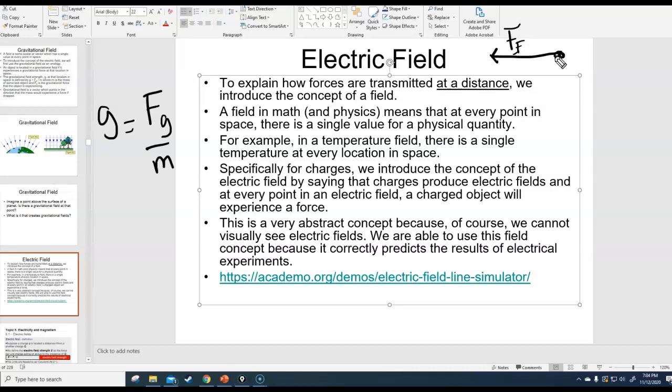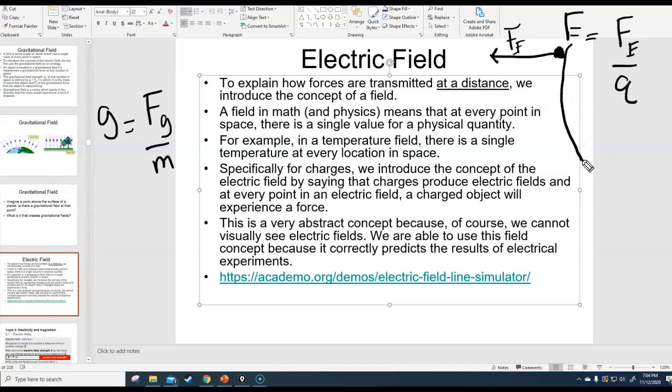Maybe a whole mess of charges created an electrical field. Doesn't matter. The point is the electrical field at that one point in space is defined as the electrical force felt by that charge divided by the magnitude of that charge.